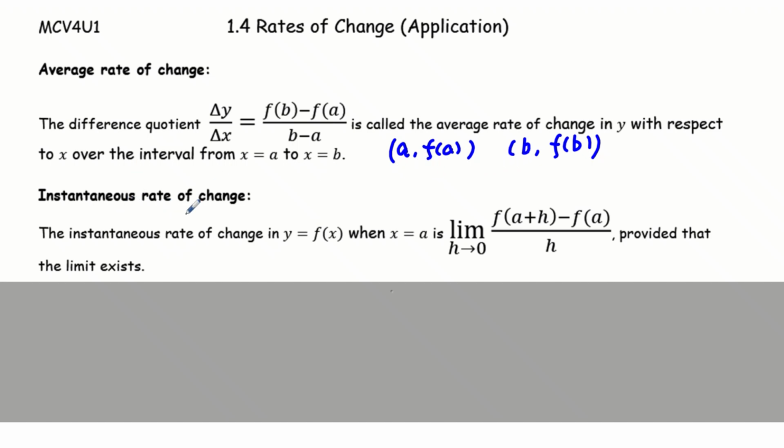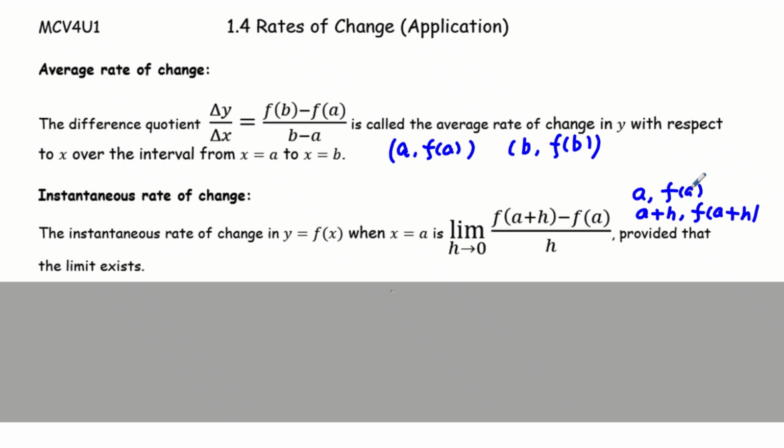And the instantaneous rate of change is a limiting value as h approaches 0. So we have 2 points. One is a, f at a. Another point is a plus h. Then the output is f at a plus h.